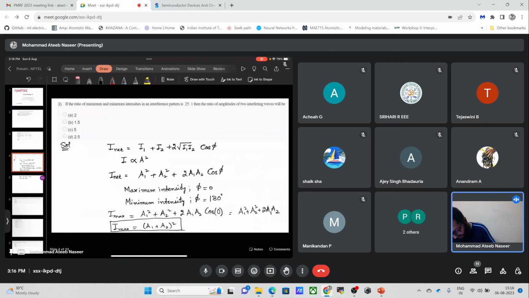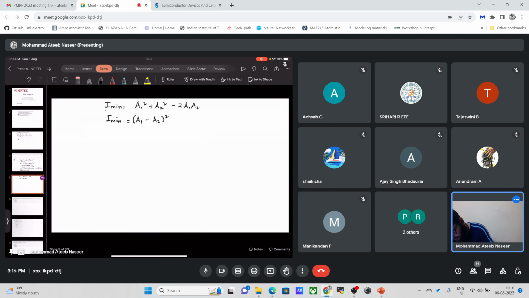Now I max we got to be equal to A1 plus A2 whole square, and I min to be equal to A1 minus A2 whole square.